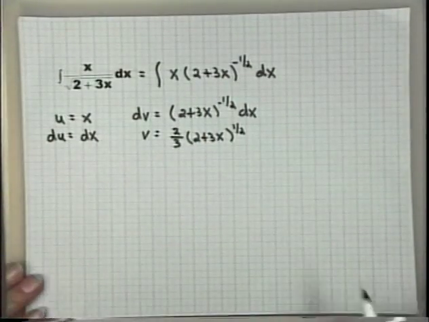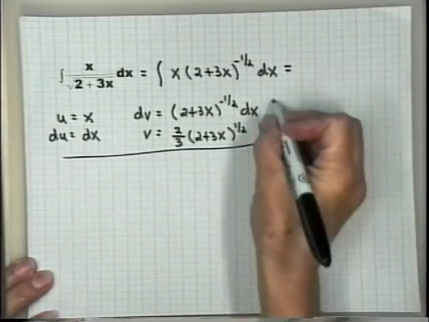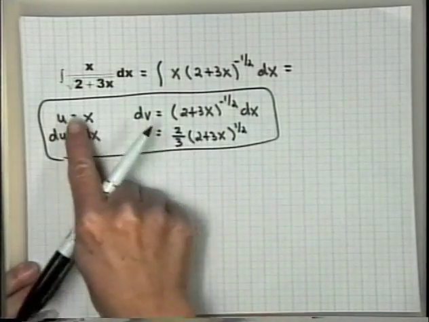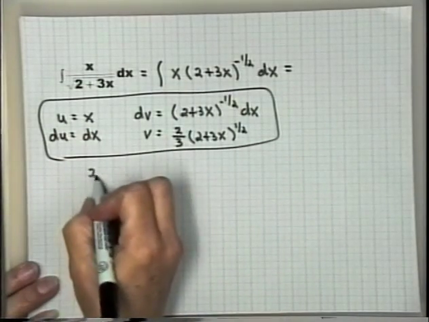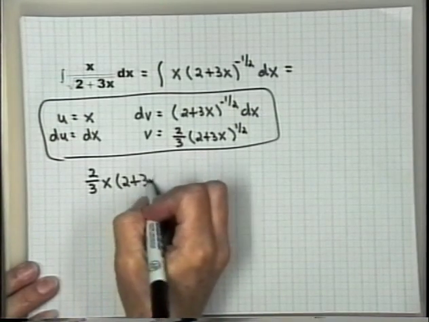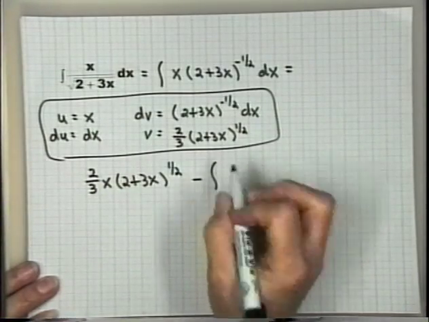So let's run through our parts here. I'm going to come down here below this. Let me box that off so we don't get that confused with our problem. So u times v gives me 2/3 x times 2 plus 3x to the 1/2 minus the integral.